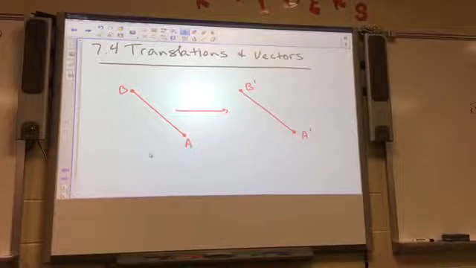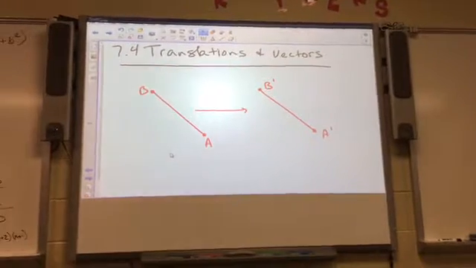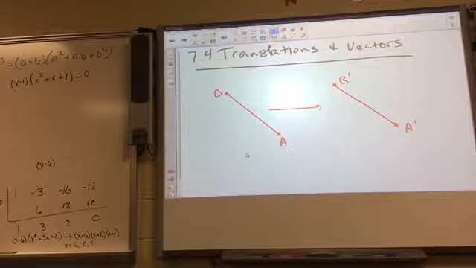Do I need to define it more than that? I'm not going to go real deep into the definition here. The first theorem you have is your translation theorem. Again, you don't need to write that down probably. It says a translation is an isometry. So you should be good there.